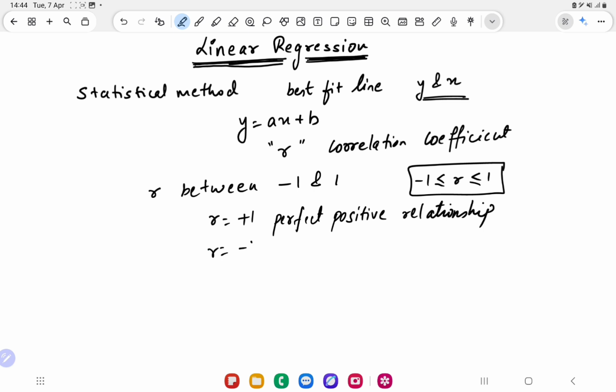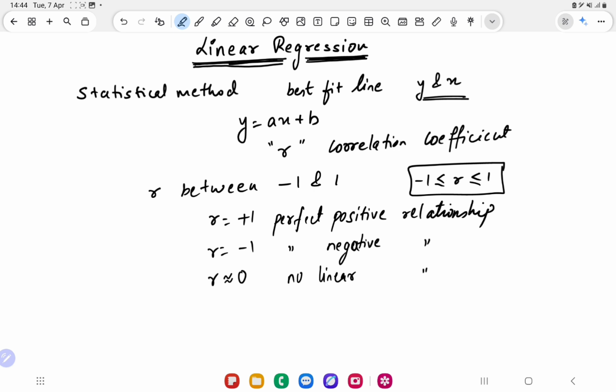And if my R value is -1, it's a perfect negative relationship between the two variables. And if my R value is close to 0, it means there is no linear relationship between the variables.